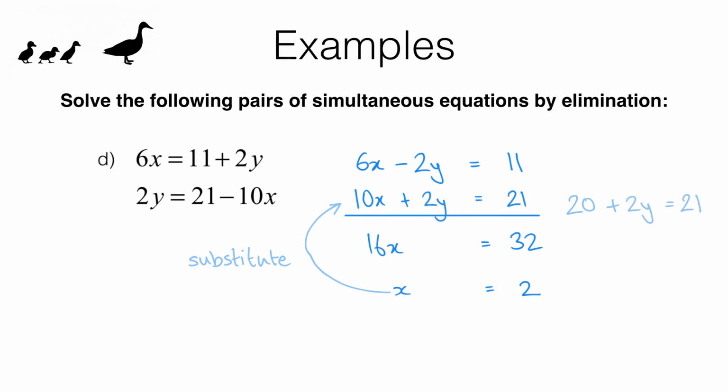Now subtracting 20 from the left and the right hand sides, I get 2y equals 1, and that means y equals 1 divided by 2, or just a half. Remember, solutions to simultaneous equations don't have to be whole numbers. And in this case, we've got our y value, which is a half. So my solution set is x equals 2, y equals a half.